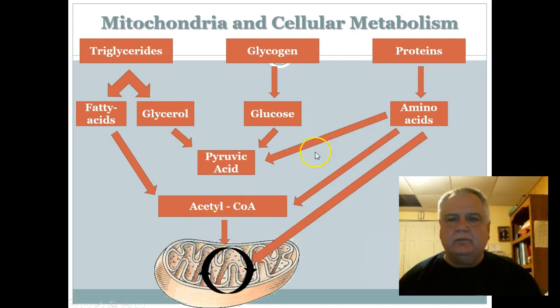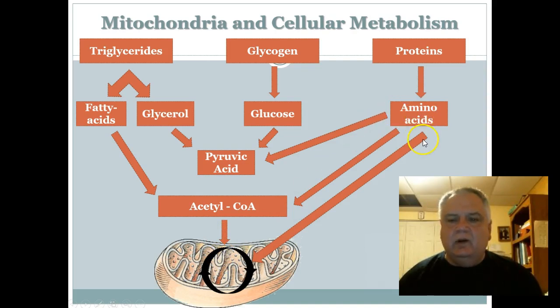With regard to proteins, remember, their basic building block units are amino acids. And here it depends upon the complexity of the amino acid, as we talked about. Some amino acids can be converted directly to pyruvic acid, which is converted into the acetyl group, picked up by CoA, and then transferred to the Krebs cycle. Some amino acids will be broken into two carbon acetyl groups and directly enter the Krebs cycle.